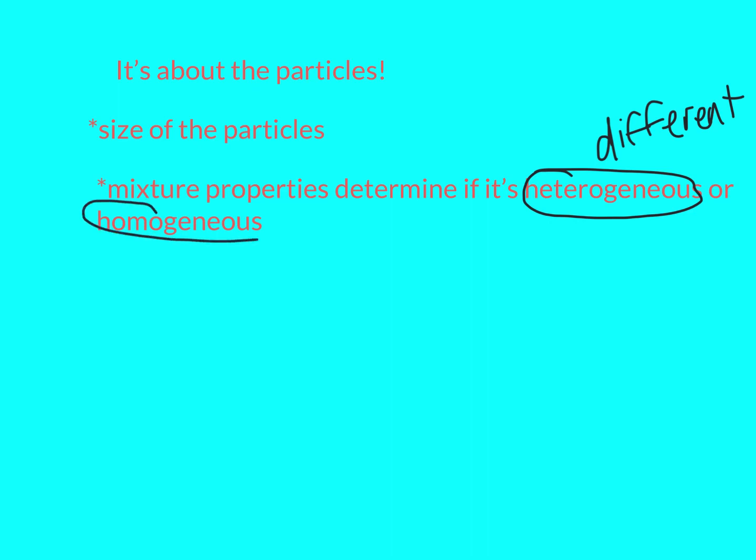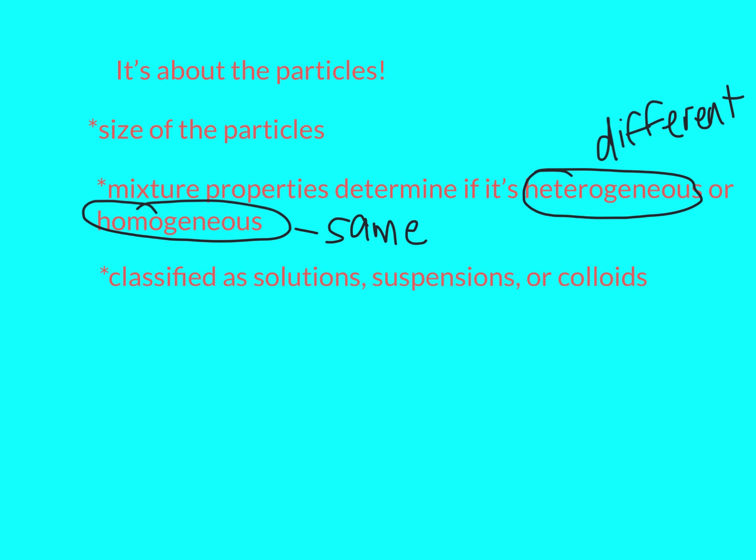Or homogeneous, which remember means same, and you can't see or determine the different parts of the mixture. Once you look at the mixture's properties, you can classify it as a solution, a suspension, or a colloid. And these are all based on particle size, so how big or small the particles are in the mixture.